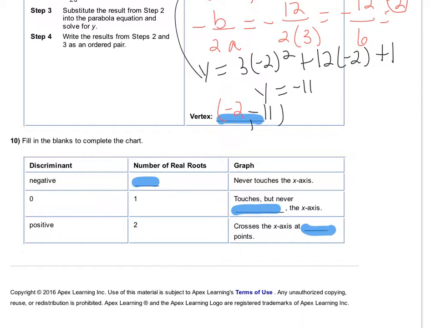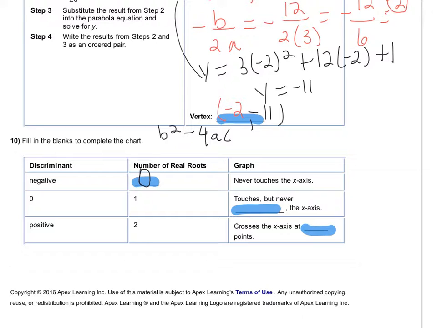Just as a reminder, we looked at discriminants before, and remember the discriminant is just the part that's left underneath the square root in the quadratic formula. So x equals negative b plus or minus the square root of b squared minus 4ac, all over 2a. So b squared minus 4ac is our discriminant. What you need to remember is that if it is negative, then we have 0 real roots.